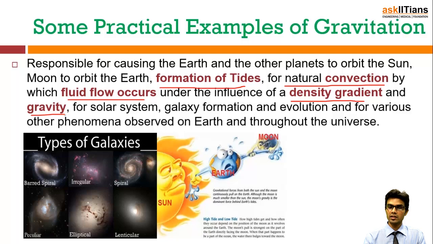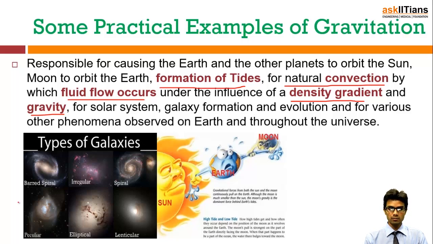So due to gravitation, all the planets orbit the Sun and the Moon orbits the Earth. Gravitation is also the cause of formation of tides, and of fluid flow by convection, and of the formation of the solar system, galaxy formation and evolution, and various other phenomena observed on the Earth and throughout the universe.